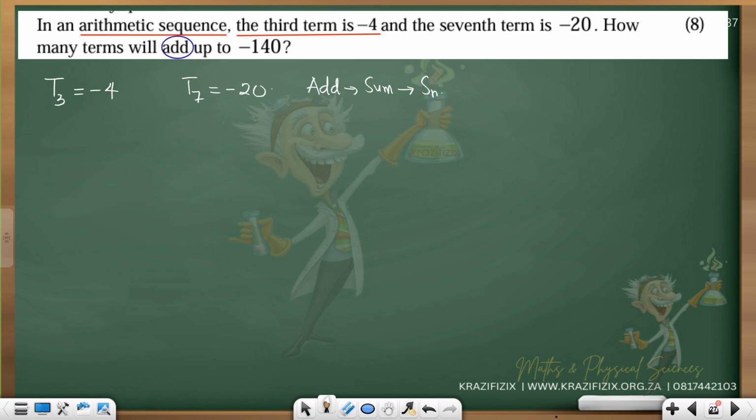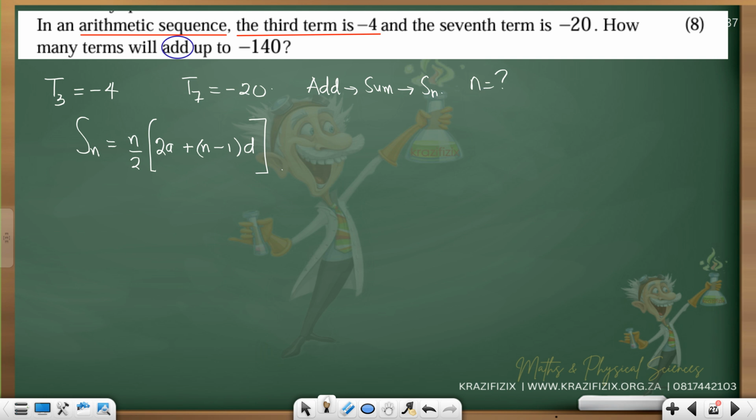Let's write the formula for Sn: n over 2, 2a, because the examiner said sum. If I look at the formula, I ask myself, what are the things I need? What is it that I am looking for? It says how many terms, so basically I'm looking for n.